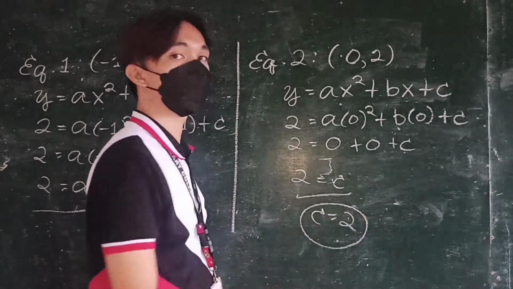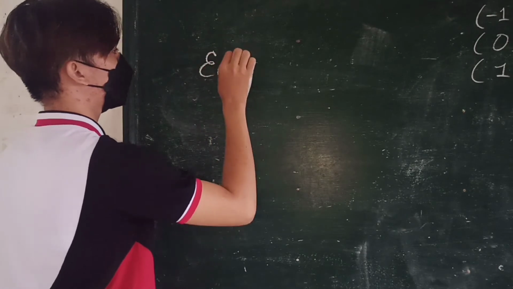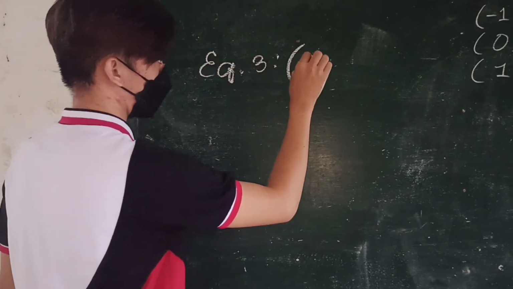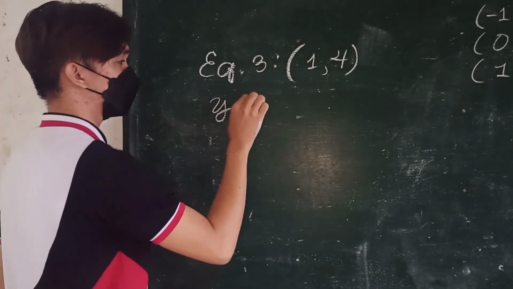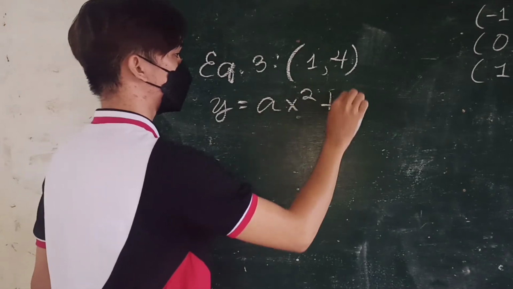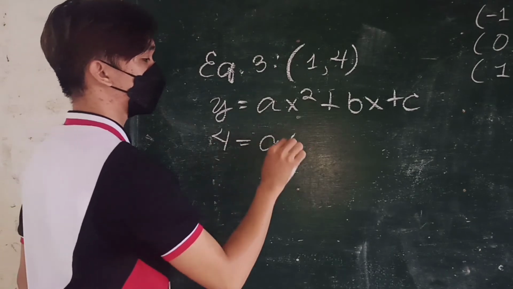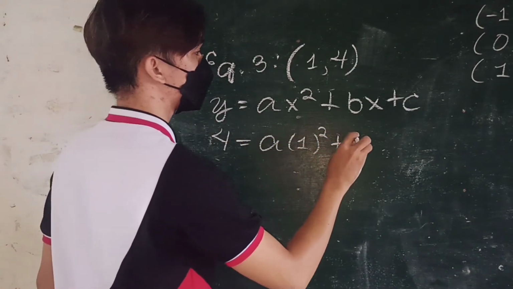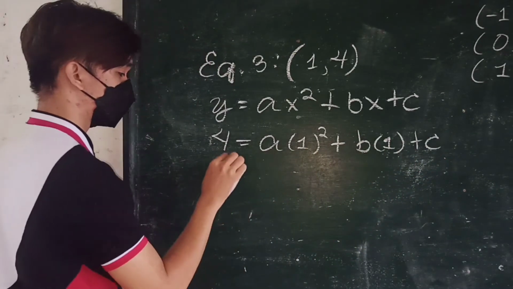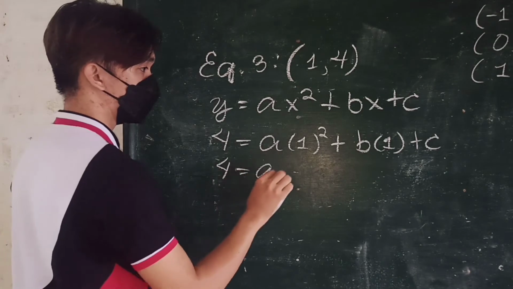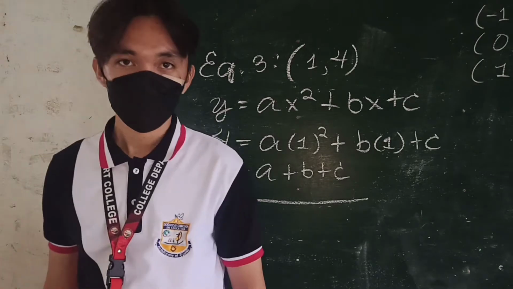Now we have the value of c, which is 2. Now for equation 3, using 1, 4. So the same process, class. Equation 3 is 4 equals a plus b plus c.